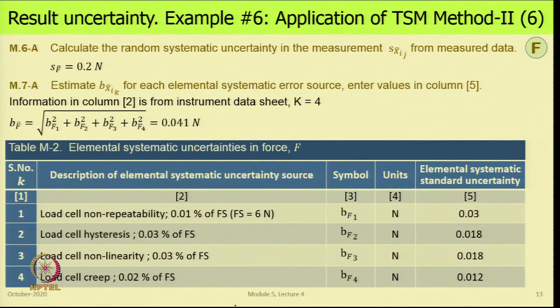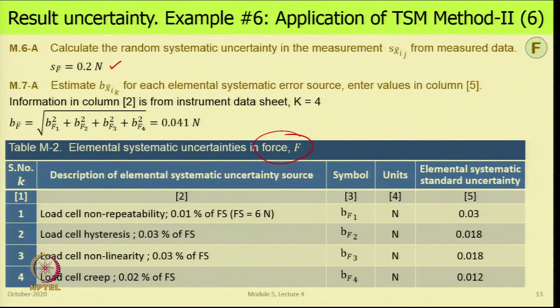And then the fourth measurement is the force. We are given that the random standard uncertainty in the force is 0.2 newtons. We look up, so this is the force, a similar table, and we are able to identify 4 sources of elemental systematic uncertainties, which is non-repeatability 0.1% of full scale. Full scale we have taken as 6 newtons and we are measuring about 4 point something newtons.